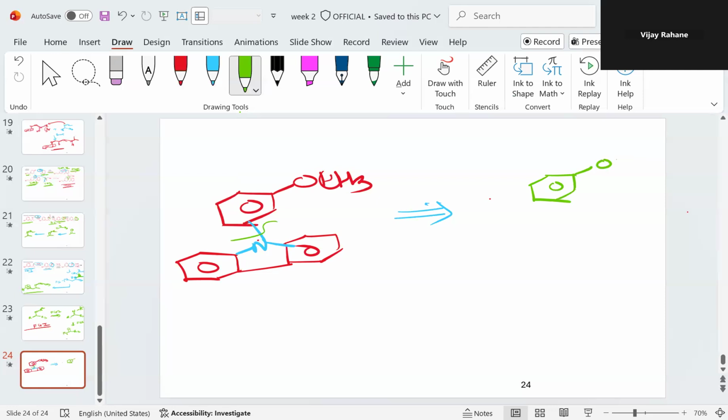So this can be CH3 and it can be N. This can be basically a carbazole, right? So these two starting materials you can get ideally in this case.